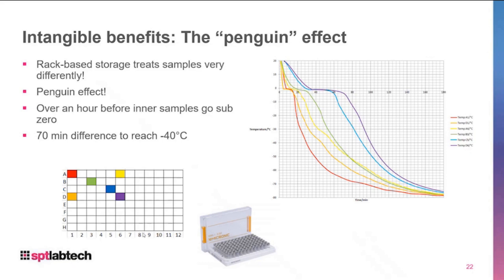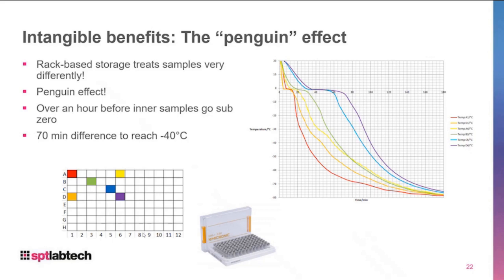What we found is that there actually is a significant insulation effect on the inner vials in a rack, as opposed to the outer vials, which means they can take much longer to freeze. It really depends on the samples themselves and liquid fill, but you can have different freezing profiles for different placements of samples, which can affect the viability over time.